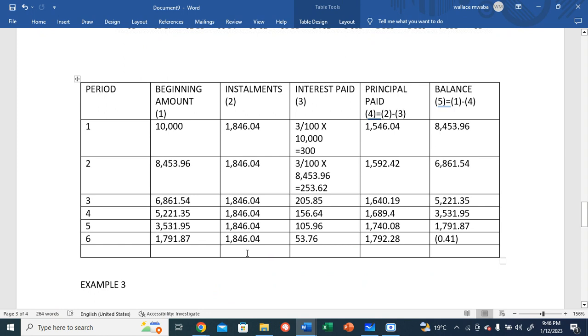So here, just say adjustment. So you're going to say 1,846.04 minus 0.41. What do we get?